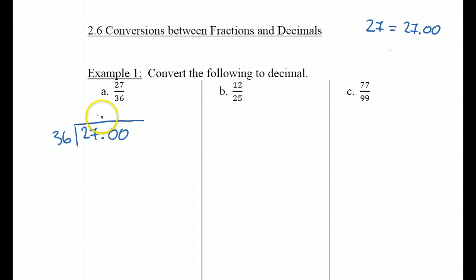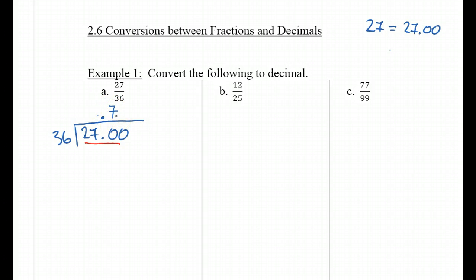So how is this going to help me? Well, first of all, let me write this decimal up here in my answer as well. Now, I ask myself, how many times does 36 go into 270? 36 goes into 270 7 times. So I'm going to put it right up here.